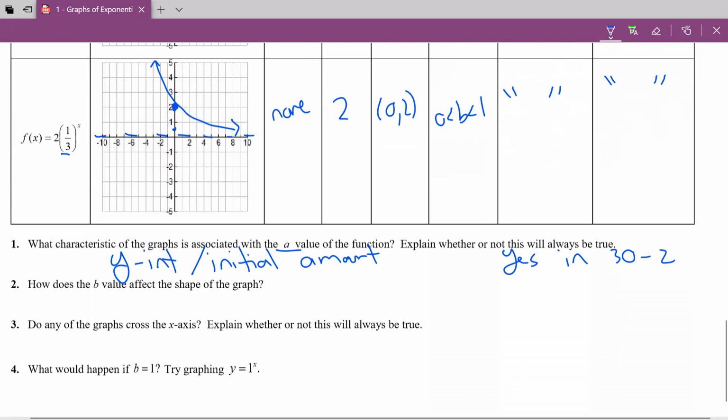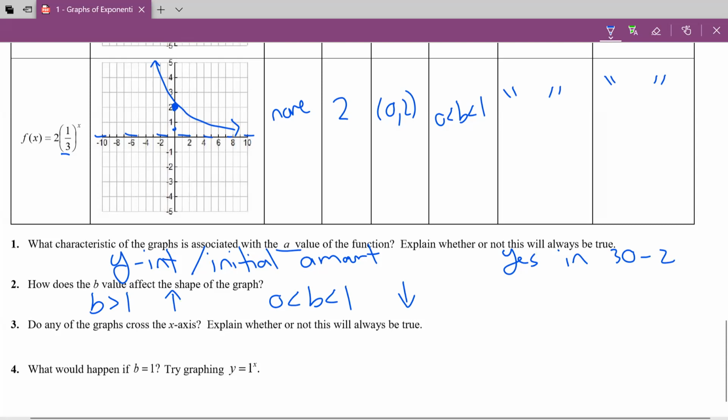How does the b value affect the shape of the graph? Well, if b is bigger than 1, then we're increasing. If b is between 0 and 1, then we're decreasing. We're an increase or a decrease, a growth or a decay. It also tells me, the bigger the b value or the smaller the b value, how quickly the graph increases or decreases.